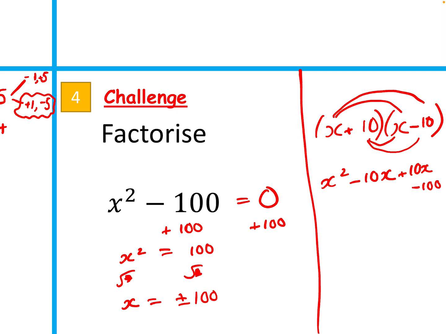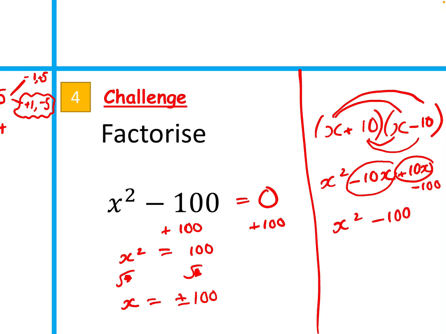When I simplify this, these two terms cancel each other out. Positive 10x and negative 10x leaves me with no x. So I end up with x squared minus 100. So where you see the difference, that's the subtraction of two square terms, I can take the square root of each and put them into brackets, making sure that one is positive and one is negative.